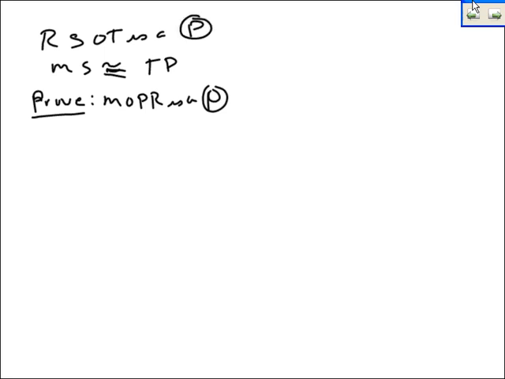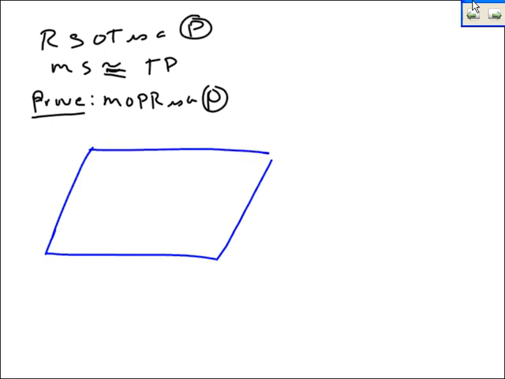Sorry. And basically, you have this big, what seems to be, parallelogram. You have a diagonal. And should be parallel and parallel.